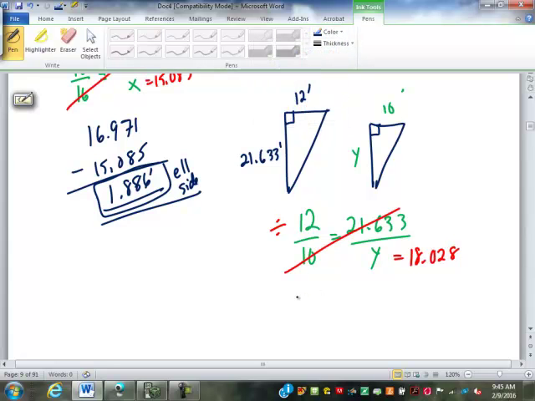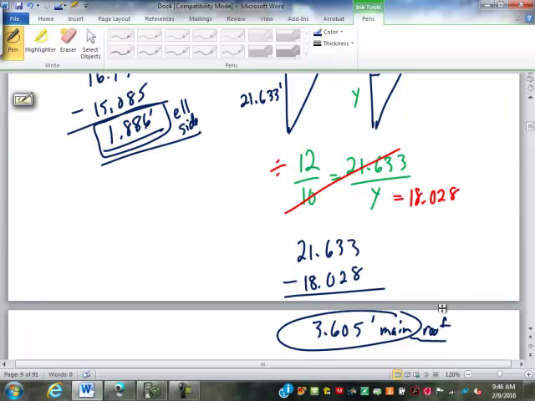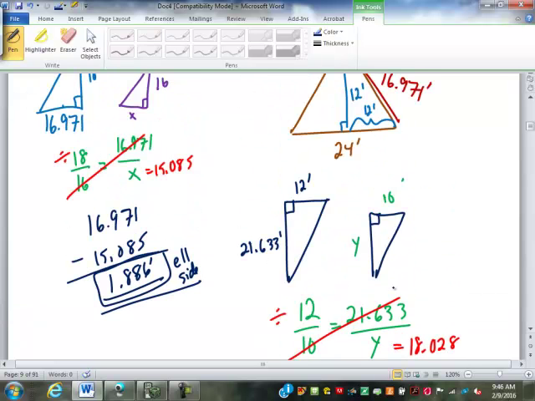So we shall have 21.633 minus 18.028, which will give us 3.605 feet. Yes? 3.605 is what I'm coming up with.